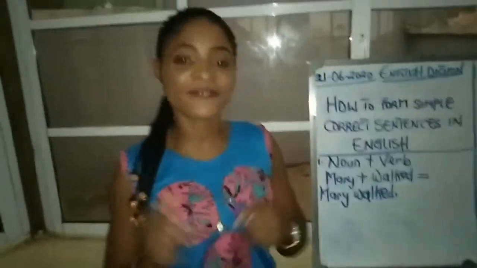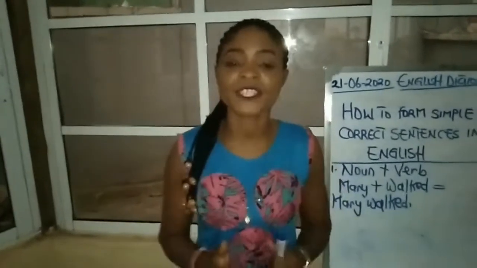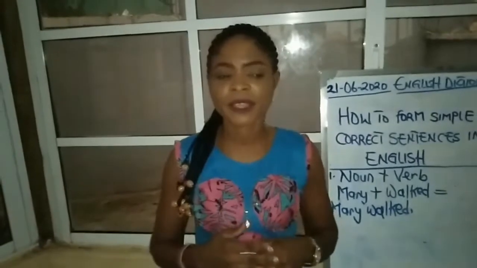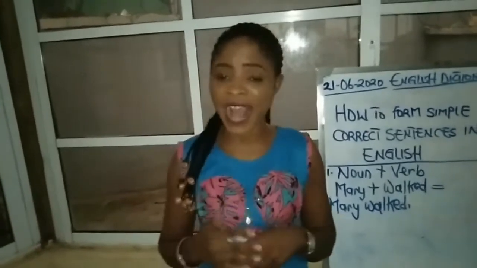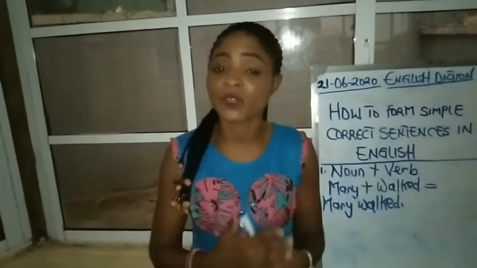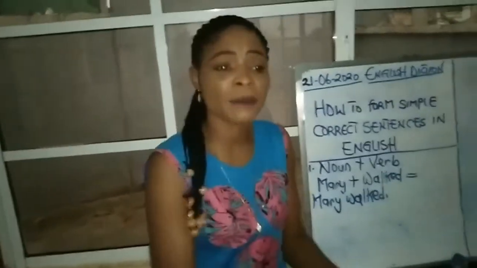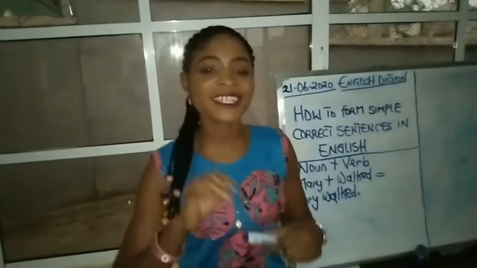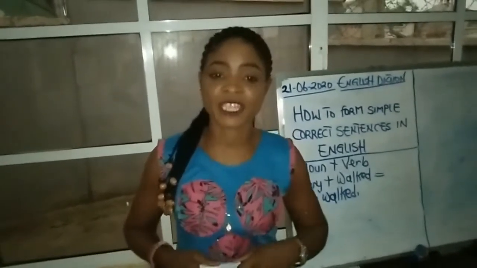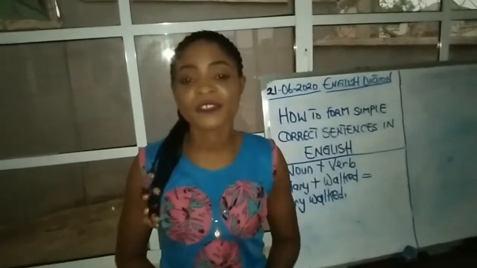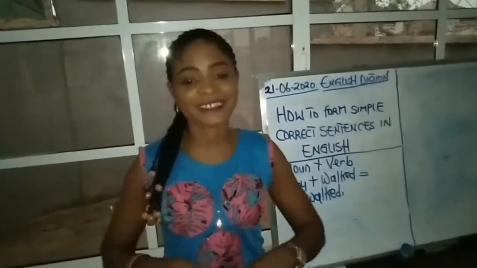The next thing that we're going to do is to substitute the noun Mary with the pronoun she. A very anxious person would ask, why are you substituting it with she? Why not use he or him or even they? This is because the name Mary is a female name. So that means Mary is a girl.